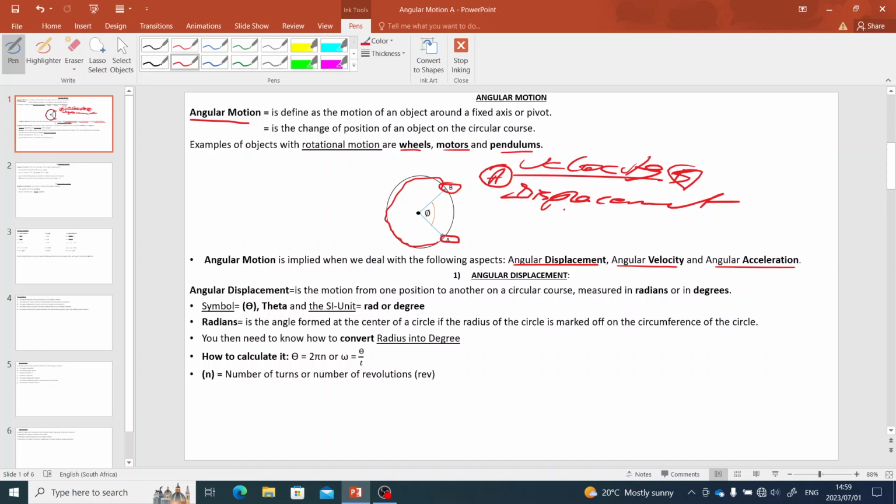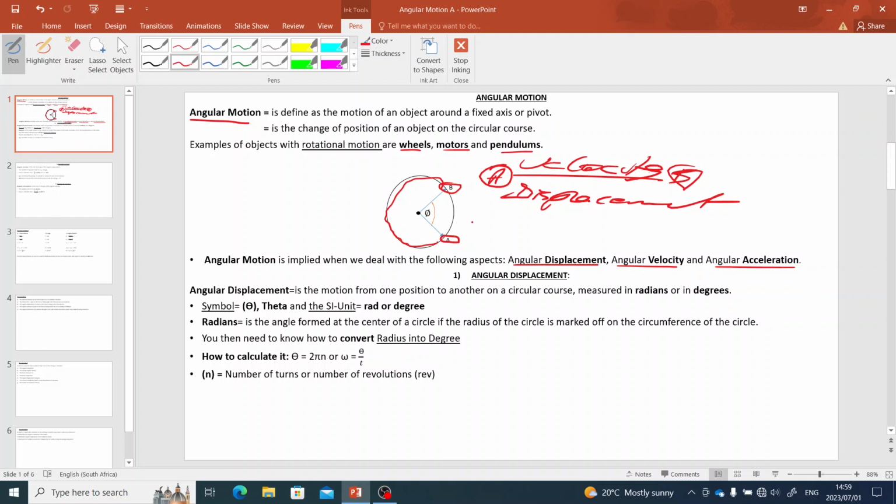Along the road, you will either accelerate or decelerate and so forth. You will stop, you will go. As you are driving your beautiful car, stopping and going, you are accelerating and decelerating. Same thing under angular motion.